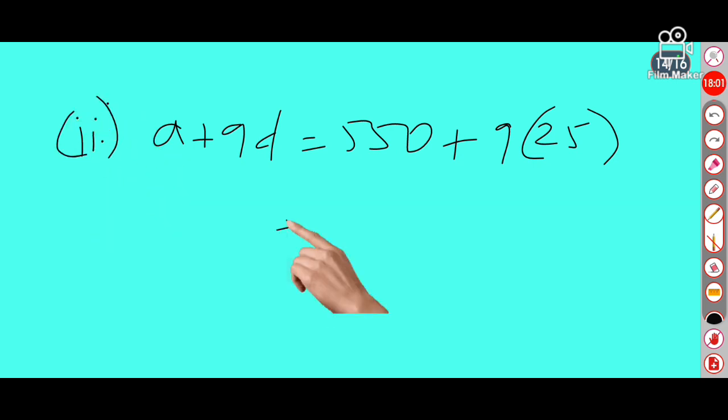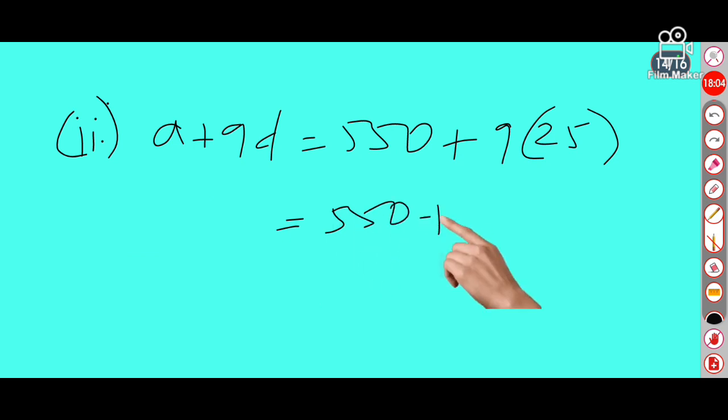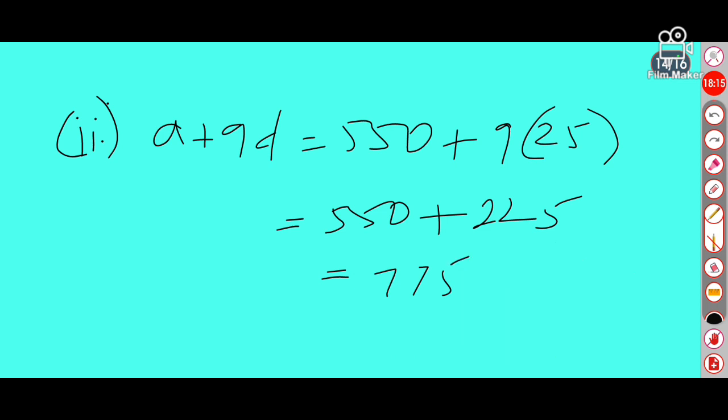You get 775. The production of TV sets in the 10th year is 775.